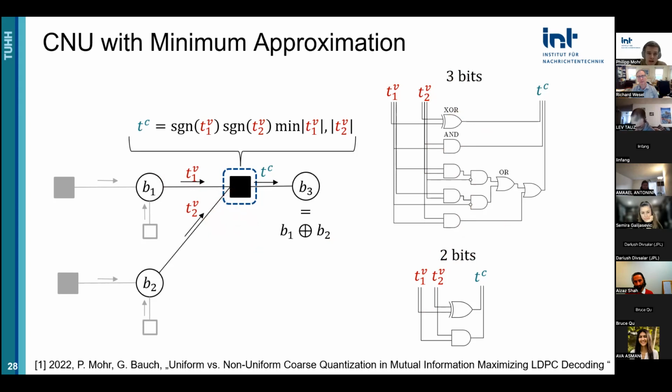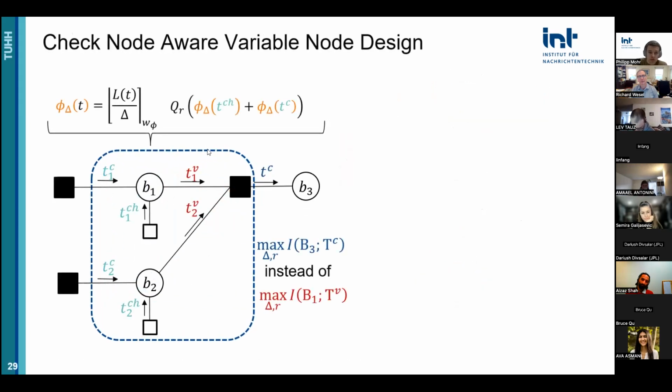And now, what is the contribution of this work? We extend basically the optimization at the variable node to consider the subsequent check node behavior. So instead of maximizing the mutual information at the output of the quantization here, we tweak the quantization here to have maximum mutual information after the check node update.